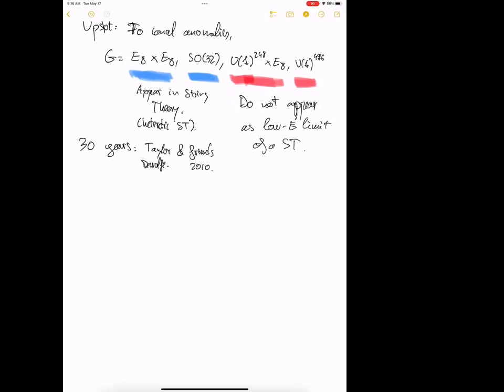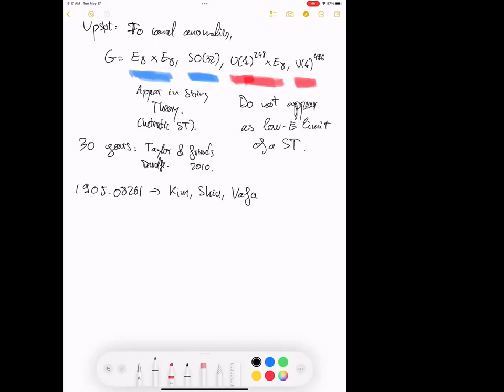It's about a more recent piece of work, 1905-08261, which is by Kim, Xu, and Kurumbafa, where they argue that these two theories are in the Swampland, and they argue it purely from the completeness principle.